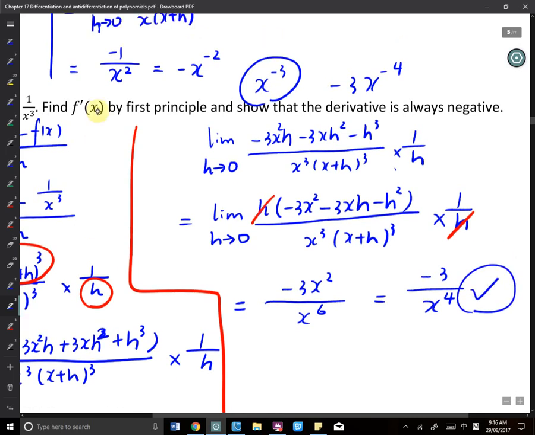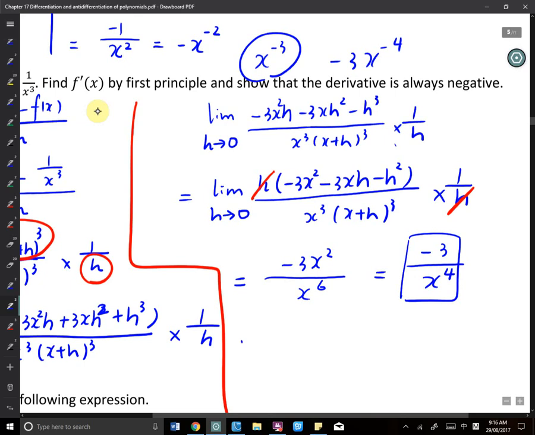And then the question asks you to show that the derivative is always negative. So you want to show this number is always negative, regardless of the value of x. So you say, when x belongs to R, any real number, x to the power of 4 belongs to R plus union 0.